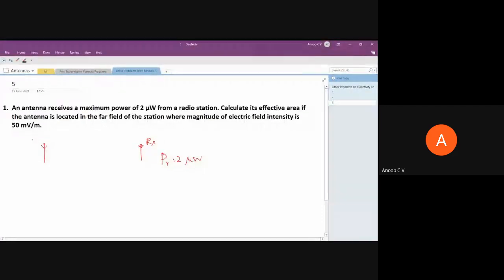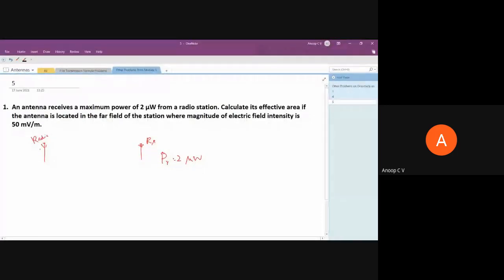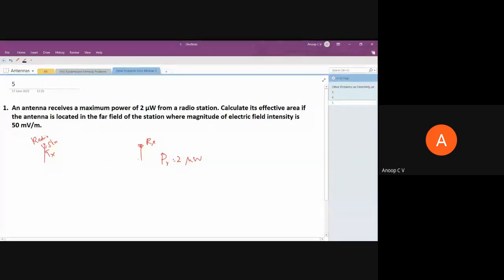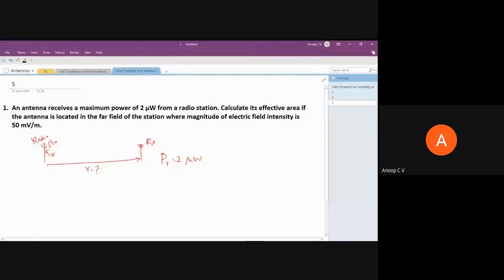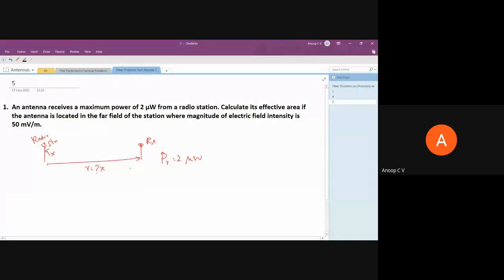Calculate its effective area if the antenna is located in the far field of the station, where the magnitude of the electric field intensity is 50 millivolt per meter. The distance R is not given.